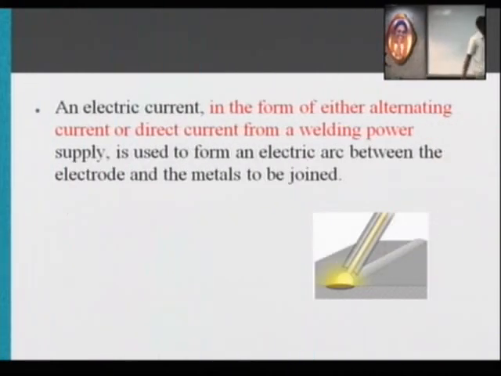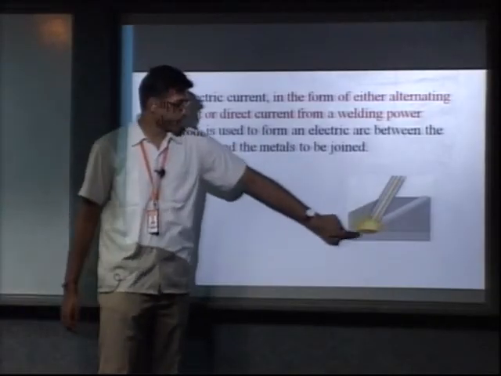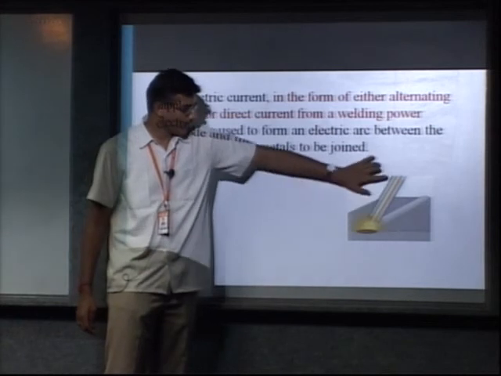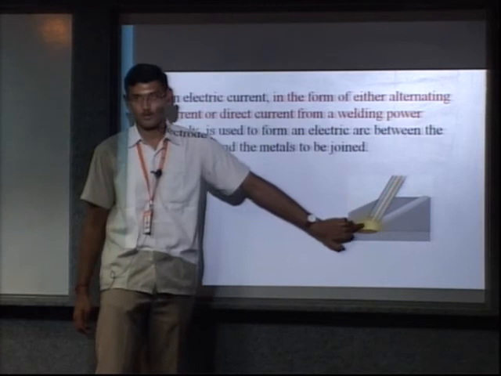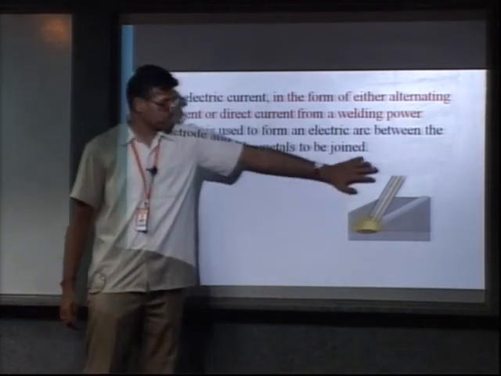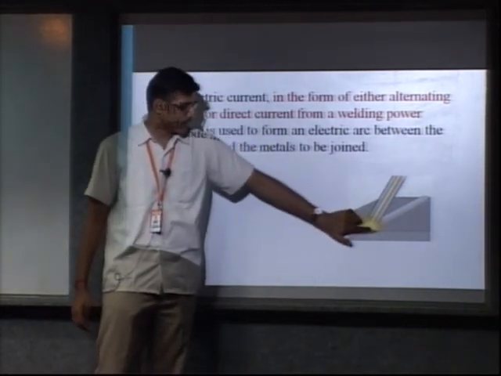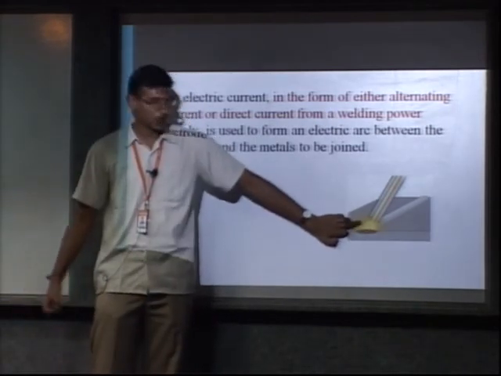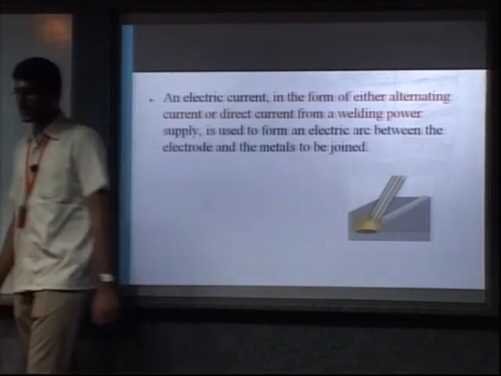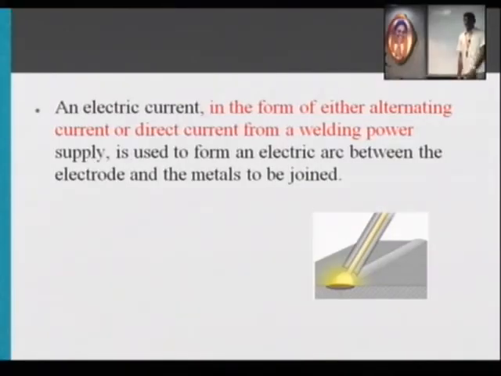See, this is your workpiece and this is your electrode, and the gap between the workpiece and the electrode should be 3 mm or 4 mm, because if the electrode touches the workpiece, this electrode will get stuck in the workpiece. So it is also called stick welding.